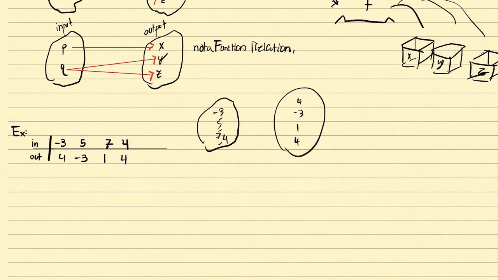3 will go to 4. 5 will go to -3. 7 will go to 1. And 4 will also go to 4. Or it can go to that one.